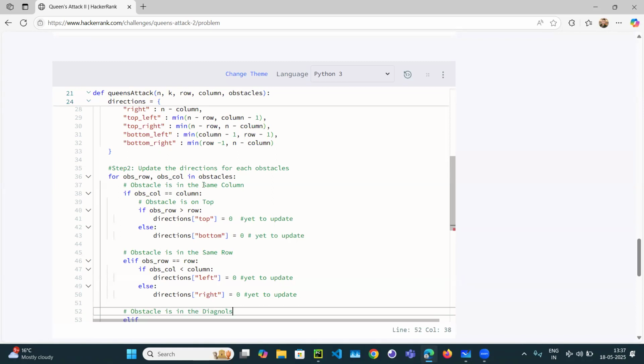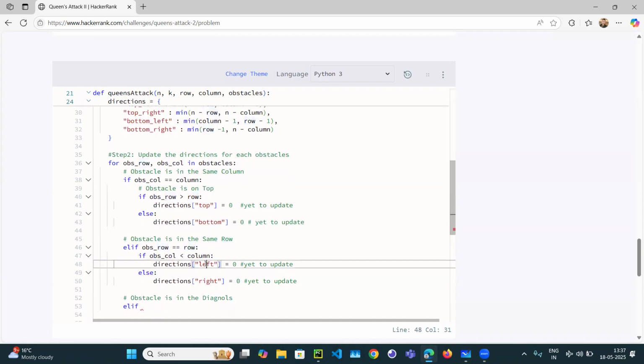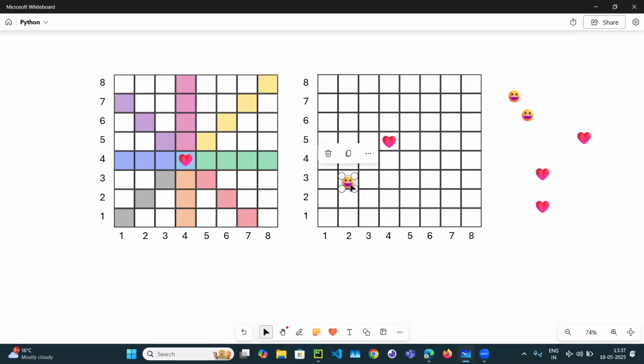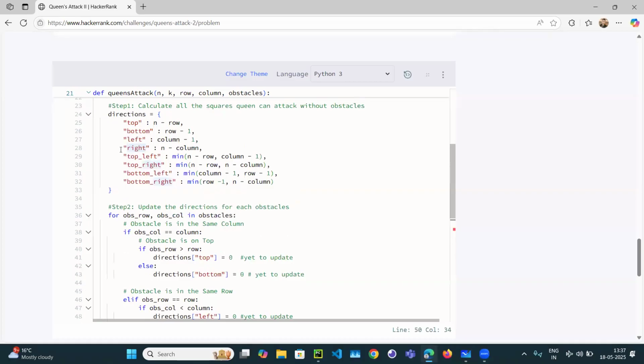When you place in the same column, it could be top or bottom. When you place in the same row, it could be left or right. But on the diagonal it can be 4 directions, 1 2 3 4. You can't just say it's diagonal, because there is no such variable called diagonal. You have these 4 variables, so you need to find which variable you need to update.